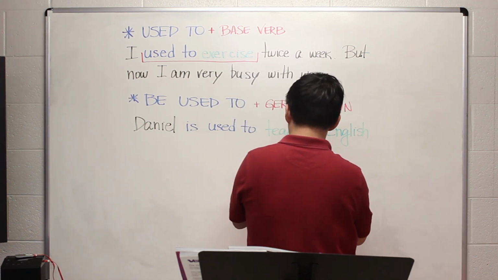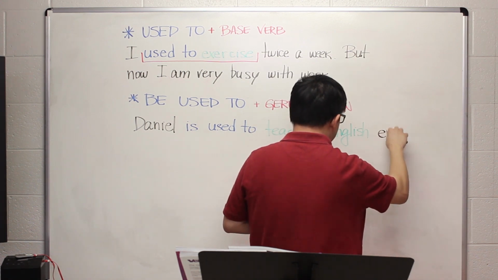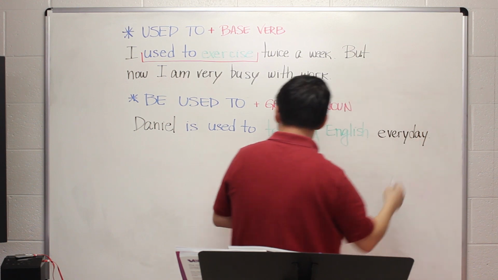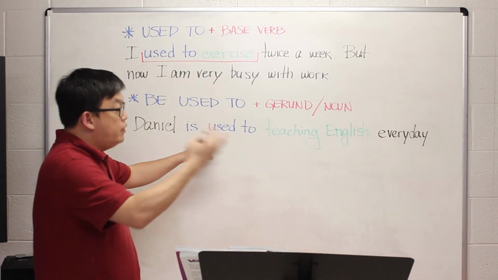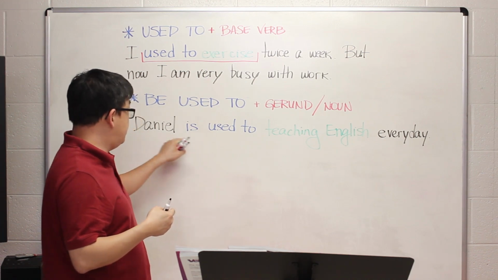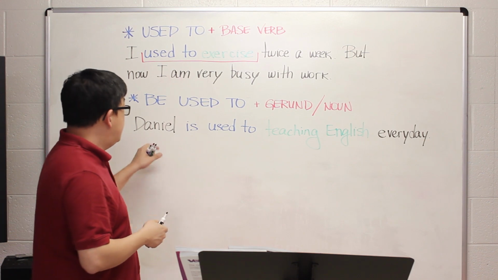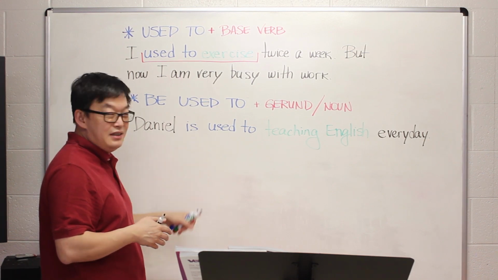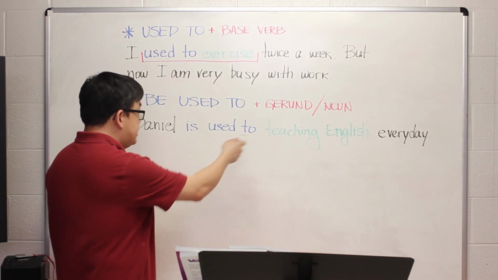Let's put this, okay, just to make it faster. Every day. This is true. Okay? I'm accustomed to. I'm used to doing it every day. So Daniel is used to teaching English every day. Okay? Daniel is used to teach. Yeah, maybe. Yeah, but this is better.